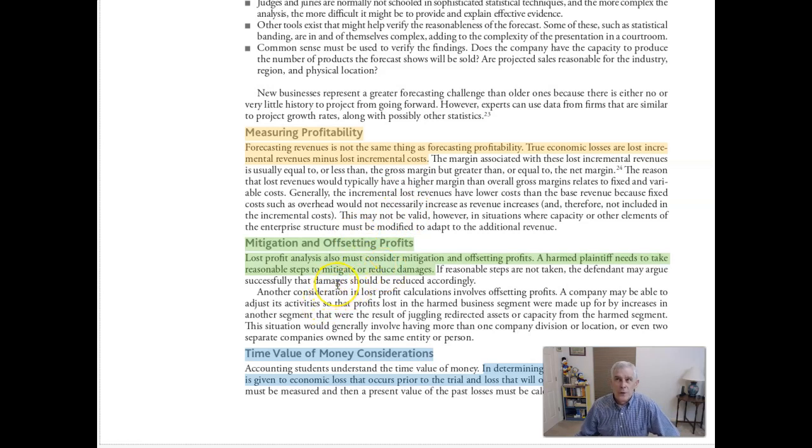Another thing to look for, if you're on the defense side especially, is the mitigation and offsetting of profits. A plaintiff who claims to be harmed must take actions that they can to mitigate, offset those losses. They cannot just stop everything and say, I was harmed, I can't earn any money.